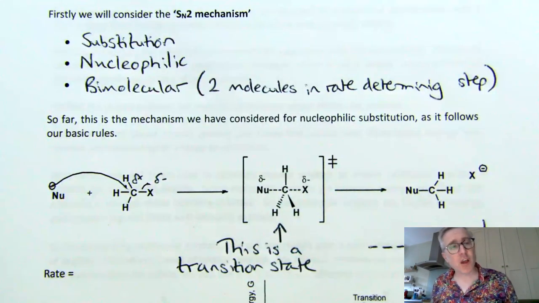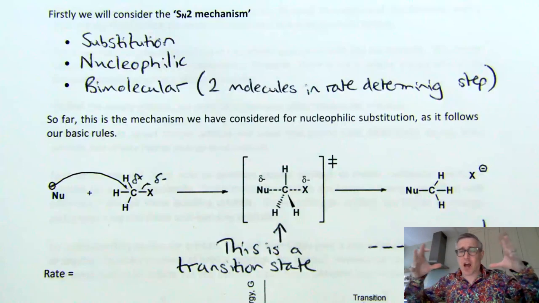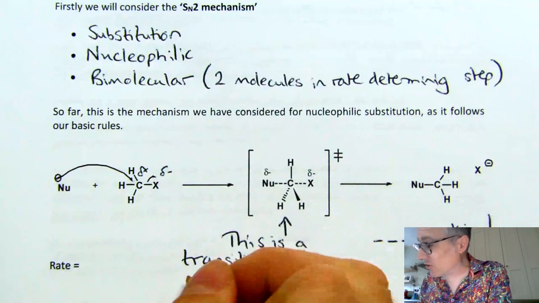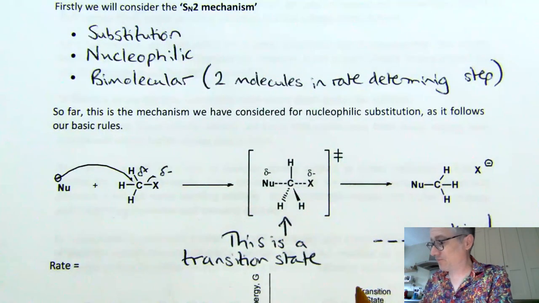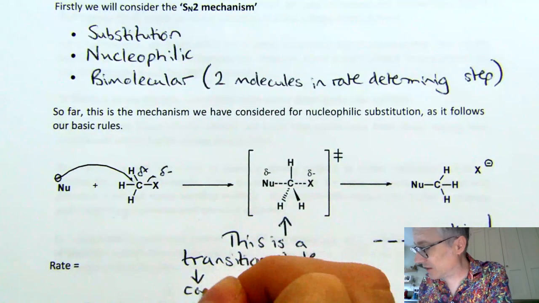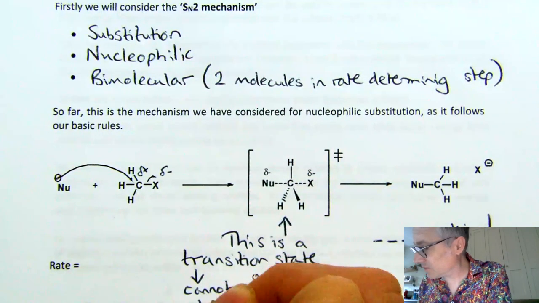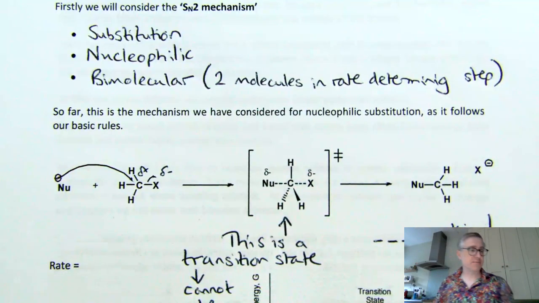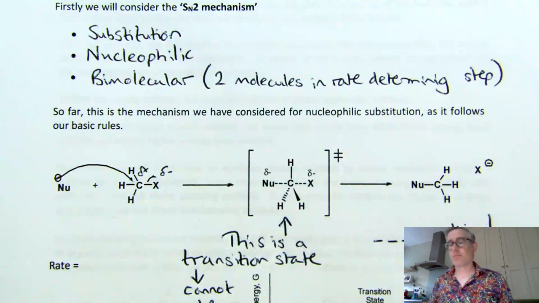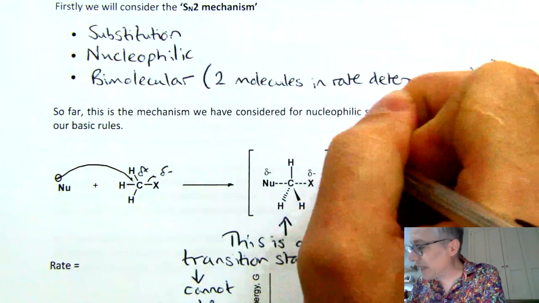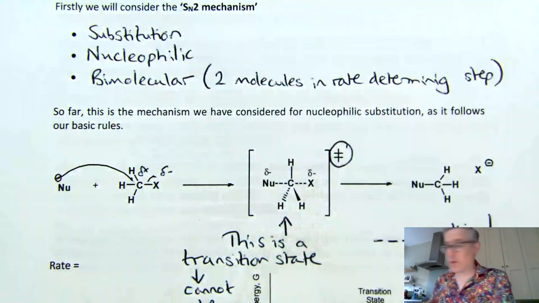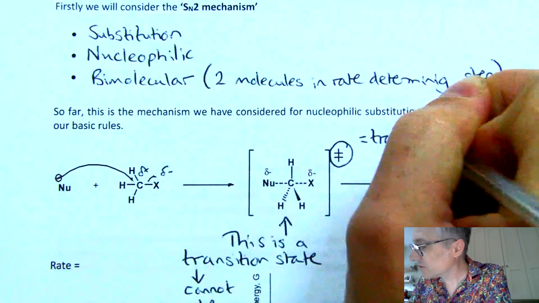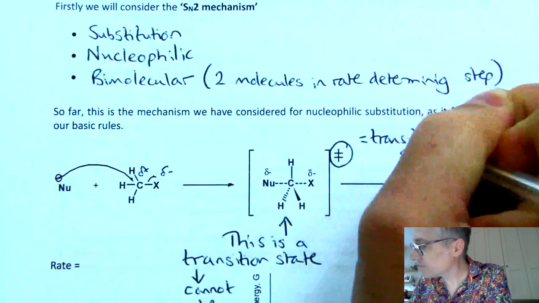And it's important to note with a transition state, with these half bonds in it, it's a transient species. It cannot be isolated. Okay? And this symbol here is a symbol that we use to mean transition state.